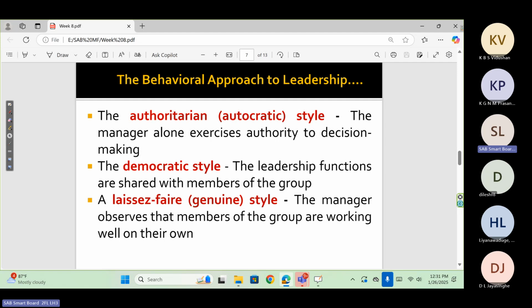Most of these leadership theories were carried out in US state universities by research groups attached to those universities. These three leadership styles were found by the Iowa leadership study carried out by a research group attached to Iowa State University in the USA.